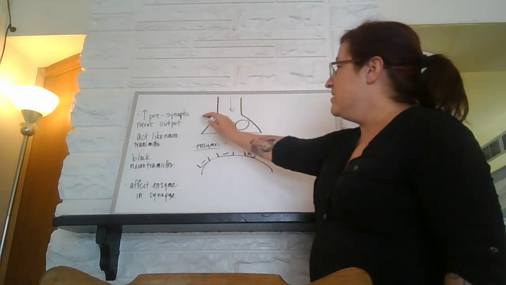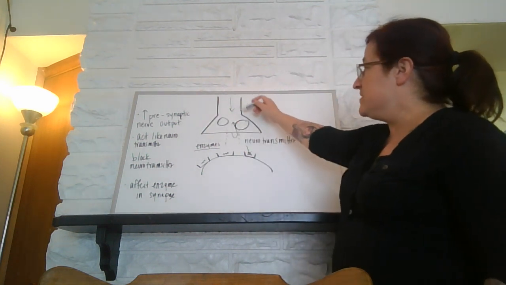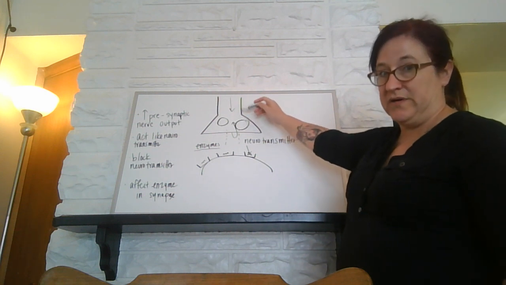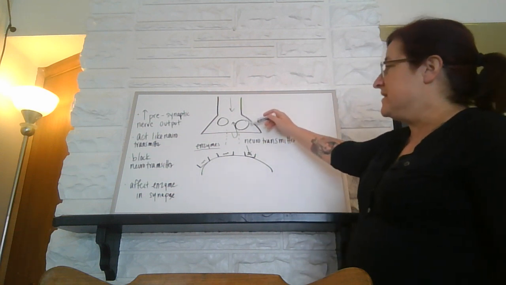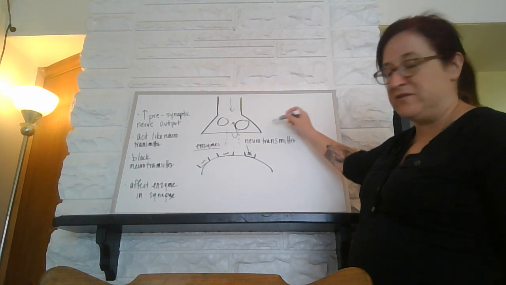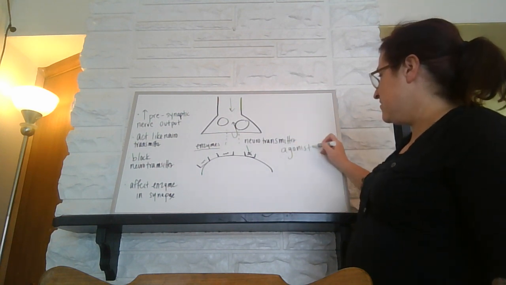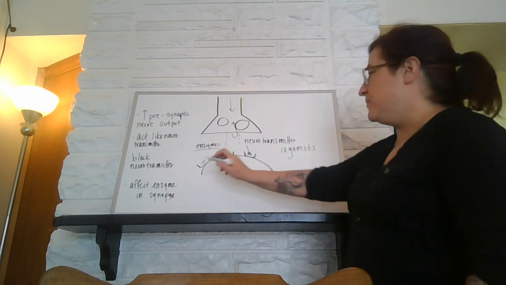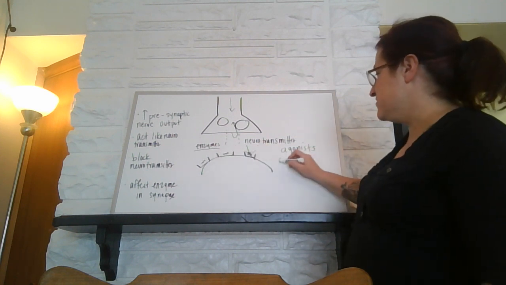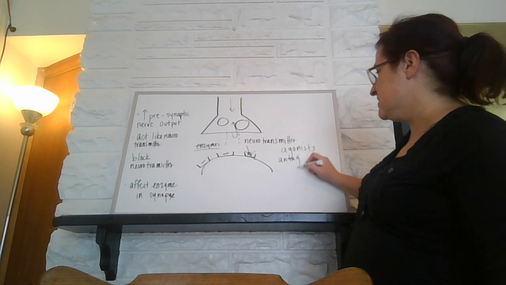They either change presynaptic nerve output, like they increase it or decrease it. They act like neurotransmitters, so they act like agonists, like we've talked about with other medications. They block neurotransmitters, so they're antagonists.